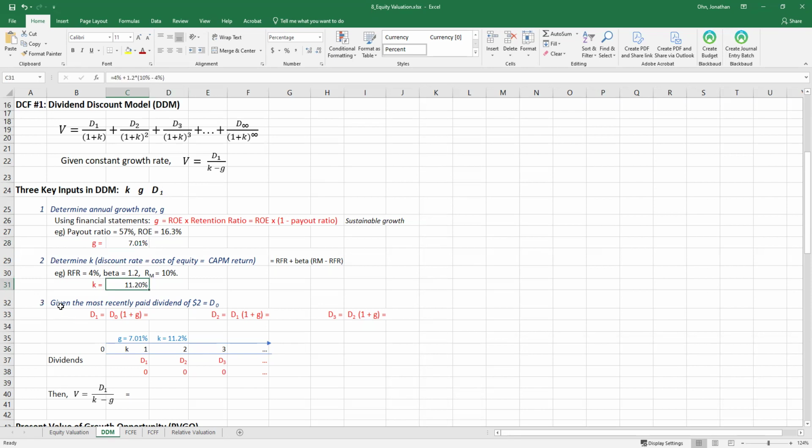Given the most recently paid dividend, if last year's dividend was $2, meaning the stock paid $2 for the entire year, then D1, the dividend at the end of this year, is based on this $2, but it is expected to grow at 7%.